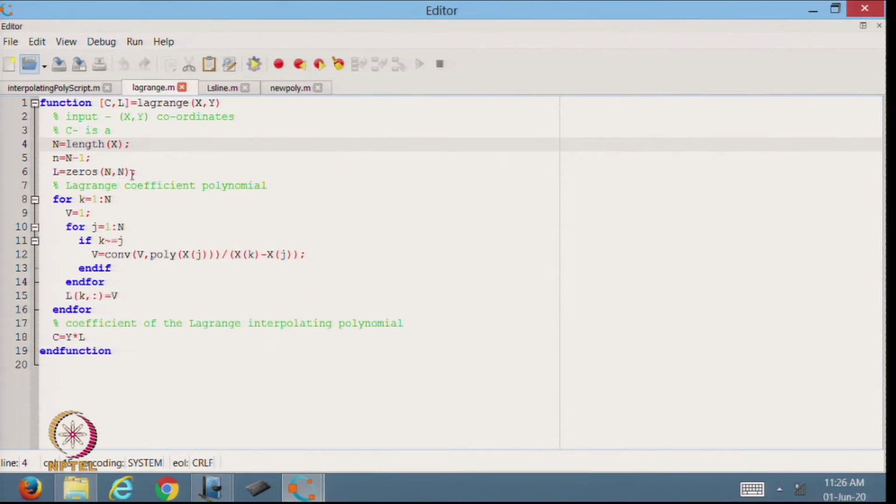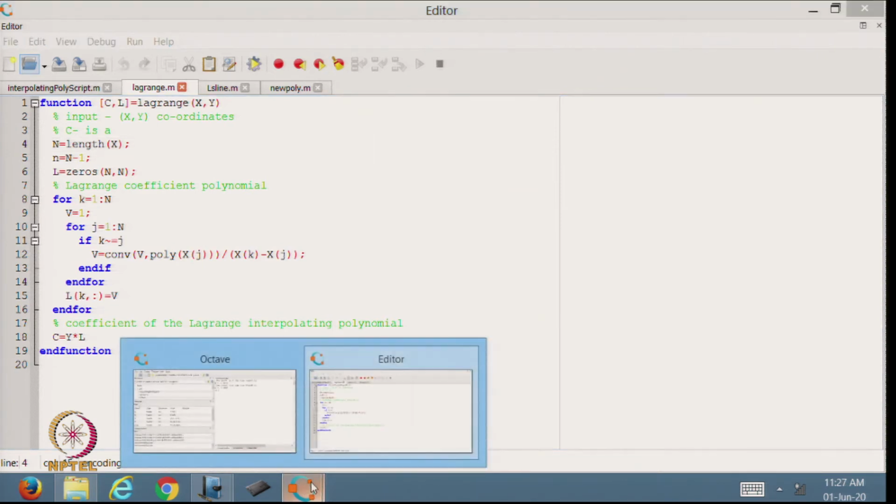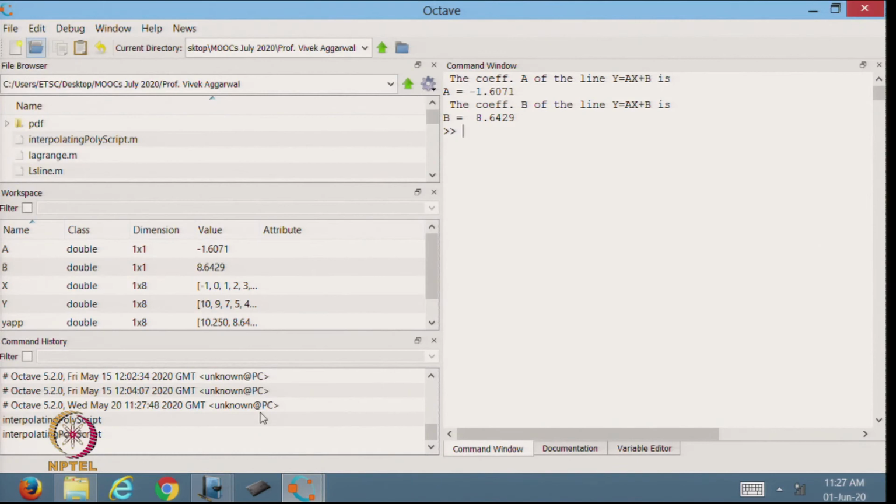Now, in this case I will define the Lagrangian coefficient polynomials. What I want to find is the Lagrangian coefficient. In this case I will use two functions, first one is the polynomial. Let us discuss what this is meant for.